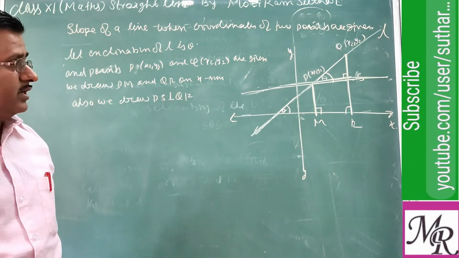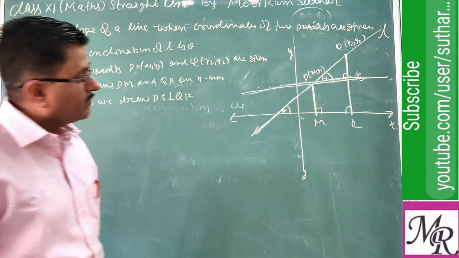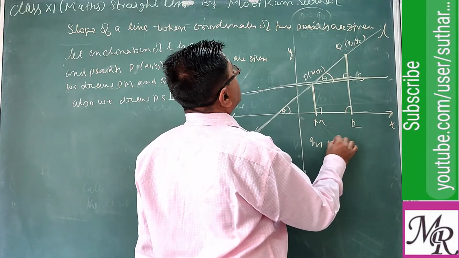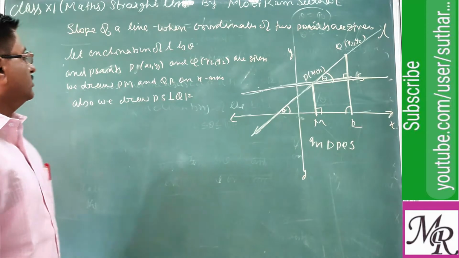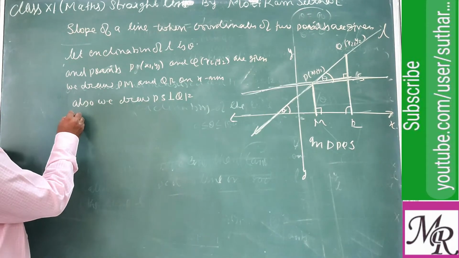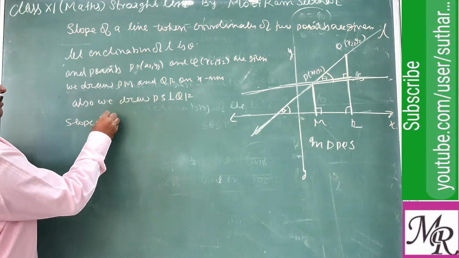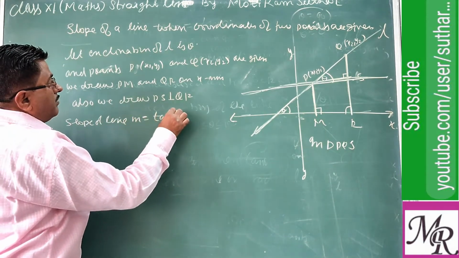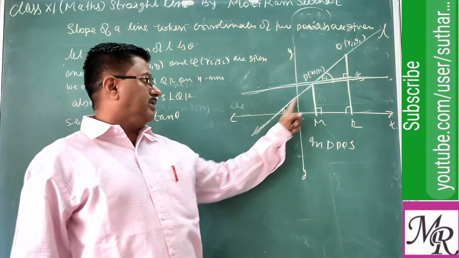Clear? Now in this triangle PQS, as we know, by our definition, what is the meaning of slope of a line? m equal to tan theta, because theta we are supposing here.